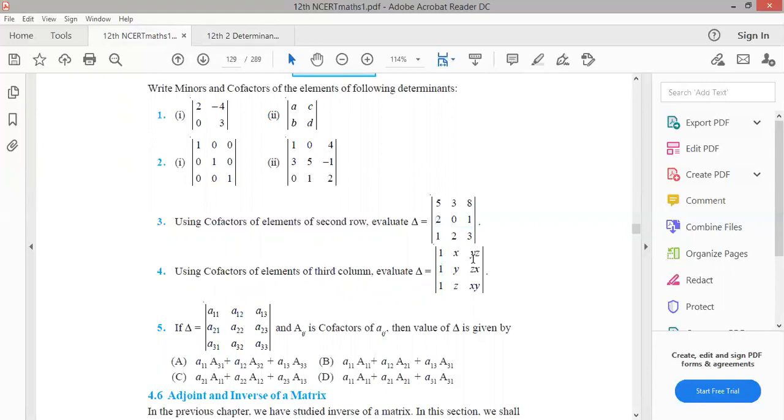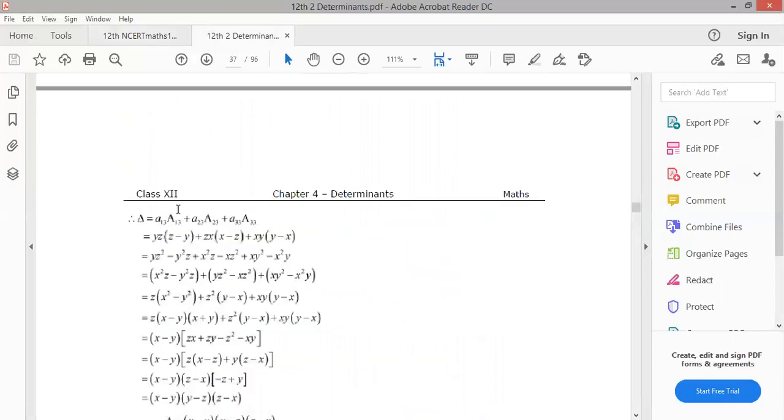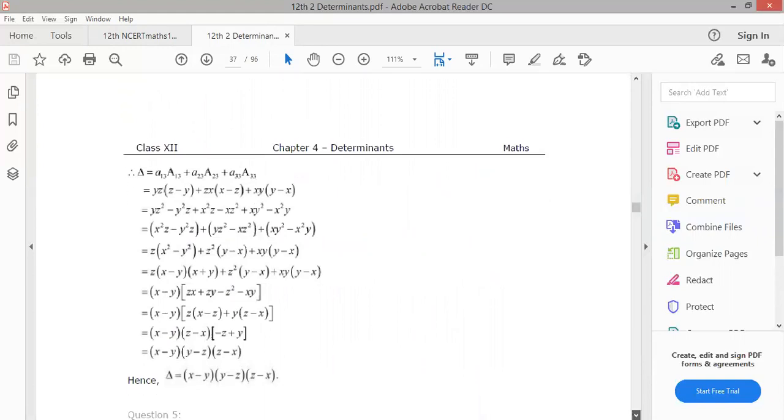So the third column is yz, zx, xy. We have to find the cofactors of these elements and multiply the cofactors with these elements, and we will find the value. So here is the given element, this is its cofactor, element multiplied by its cofactor, and so on. So what we get is here.